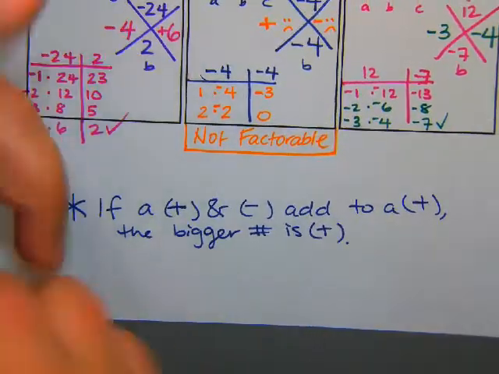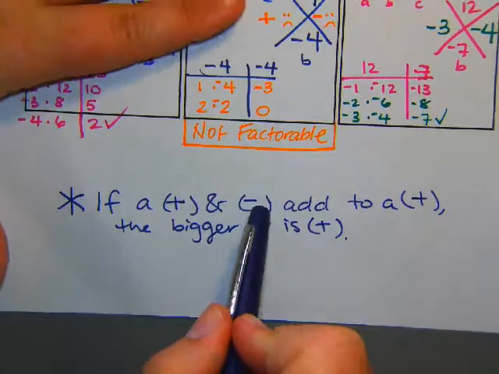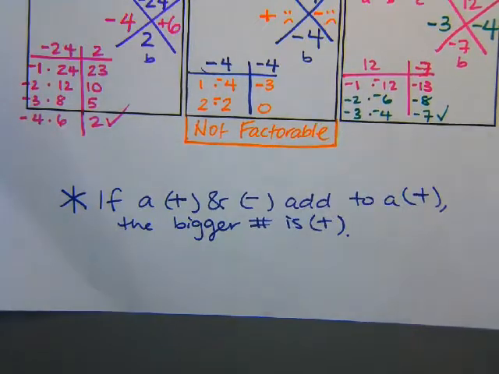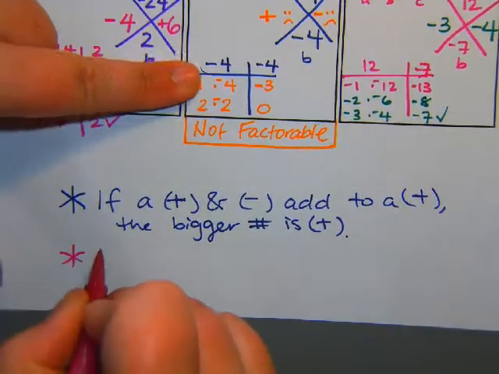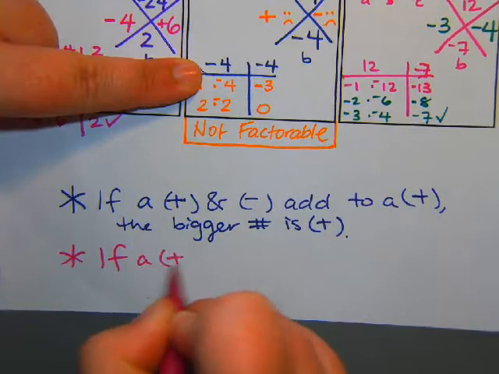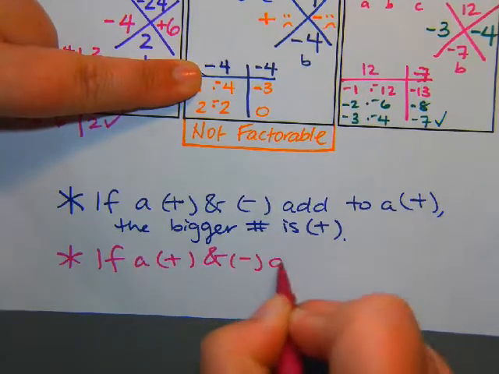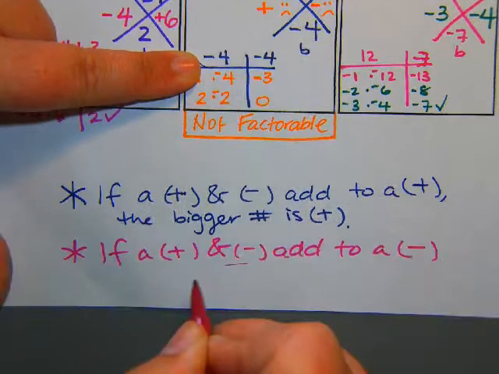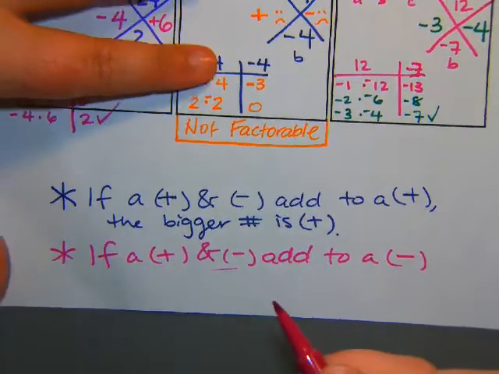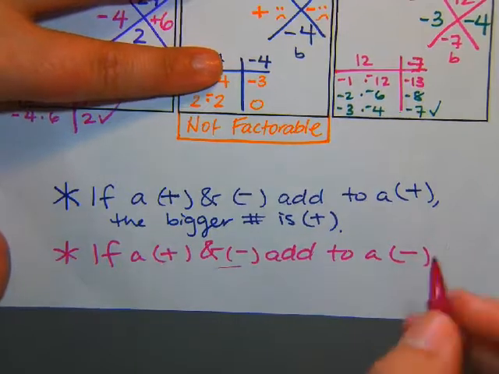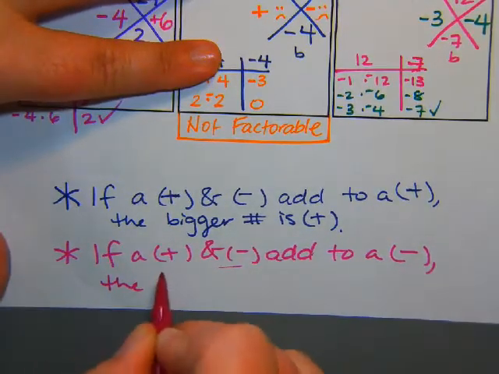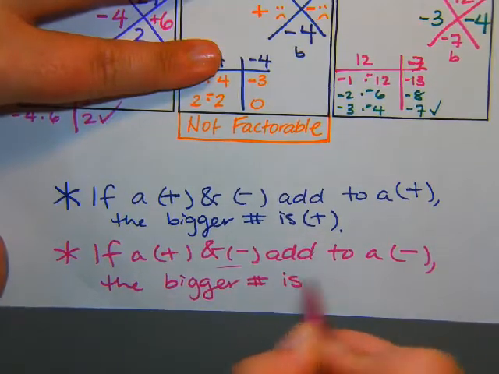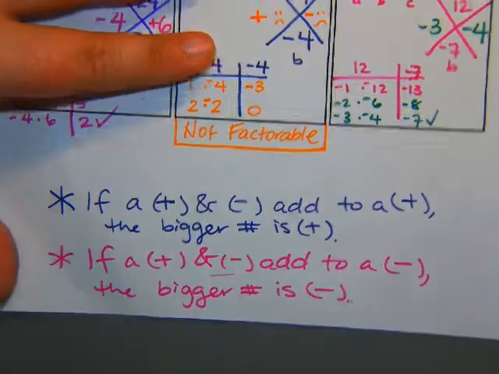If you have two numbers, one's positive, one's negative, and you add them to a positive, then that bigger number has to be positive. Whereas the reverse is that if a positive and negative add to a negative, remember, I'm not talking about a negative or positive, opposite signs. If they add to a negative, the bigger number is negative.